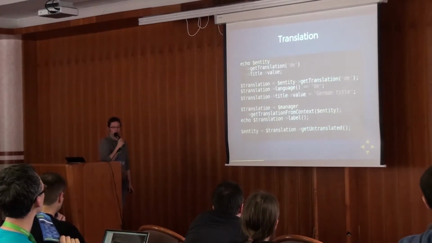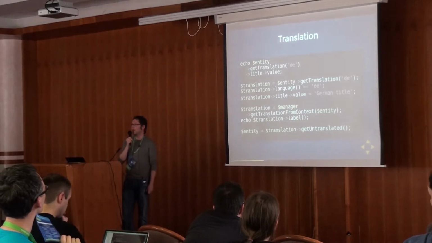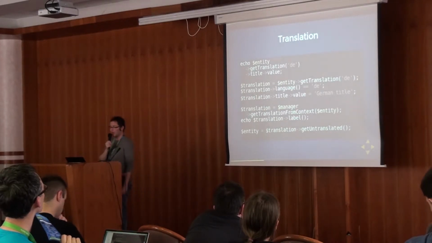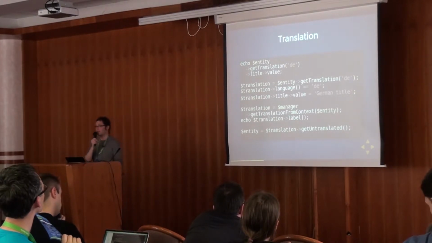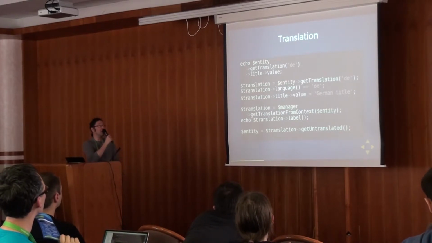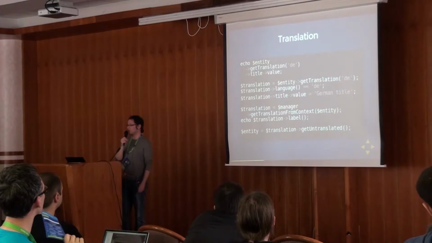Translation, already shortly mentioned. By default, if you don't care about translation, we'll just go with the default translation. But of course, you can access different translations of an entity. For that, there's the getTranslation method, which just passes the language code, and you get back a full entity object again.